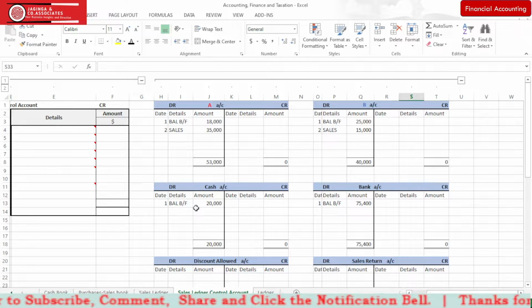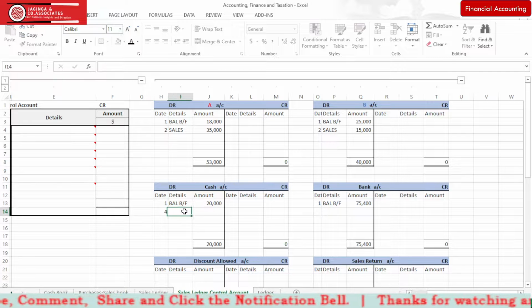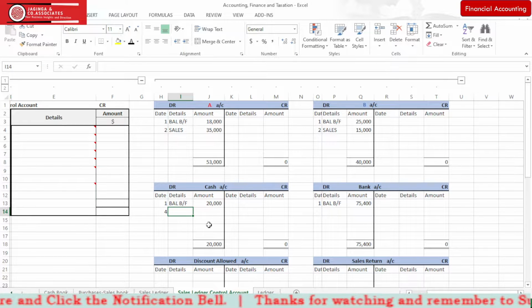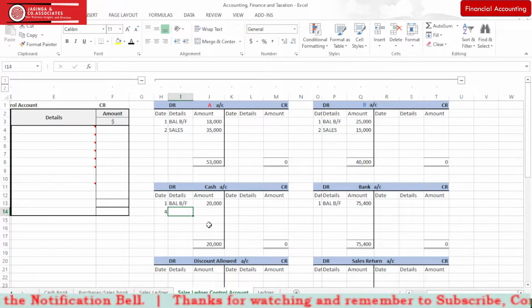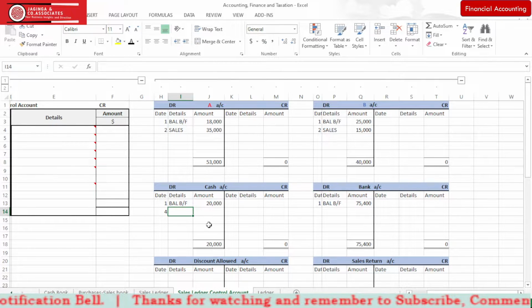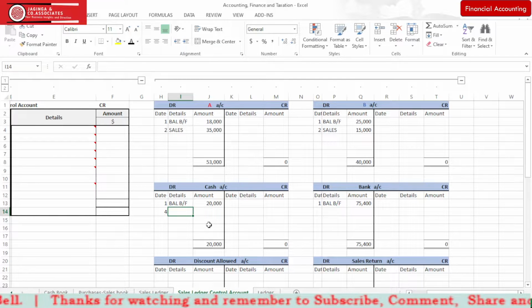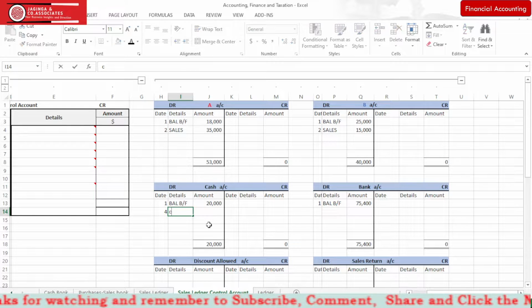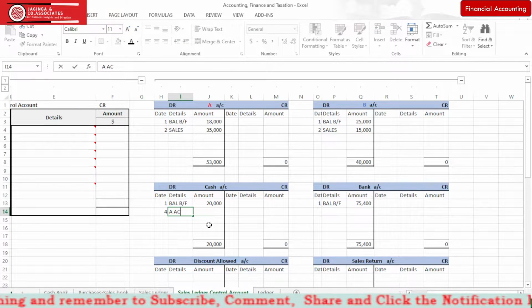So here you are saying on 4th you received cash worth 11,000 from customer A. So here we'll just write A account.